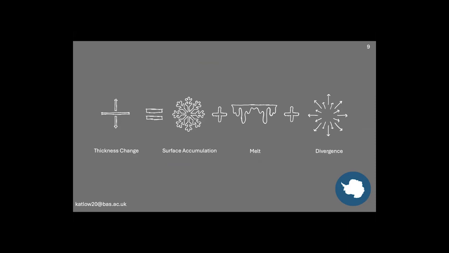We then remove any change in thickness that might have occurred from surface accumulation, and we do this using modeled surface mass balance data. We then remove any thickness change that might have occurred due to ice divergence or convergence. And what we're left with are changes that are a result of basal melt rates.